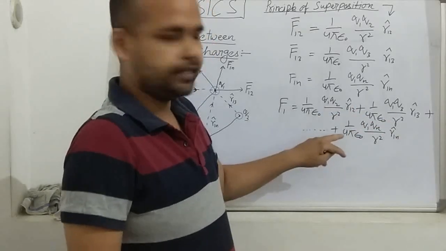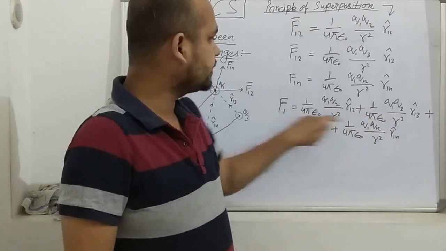Now in this you can see that 1 upon 4 pi epsilon naught is common.